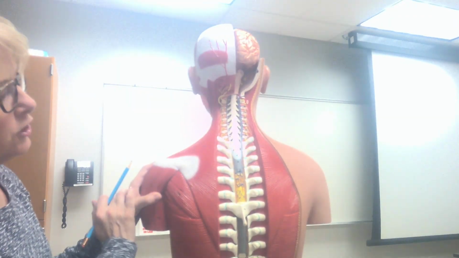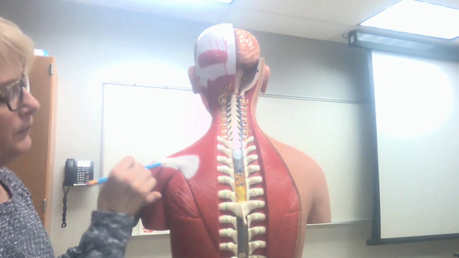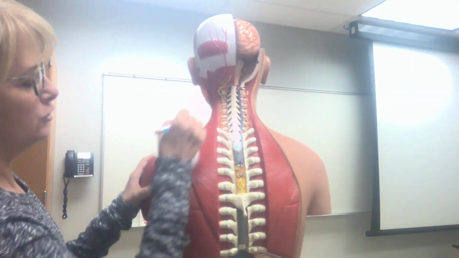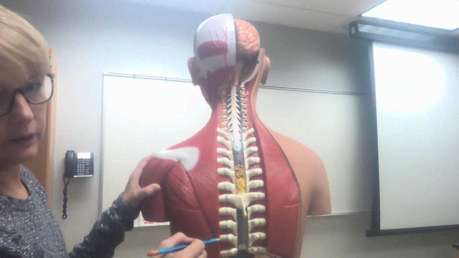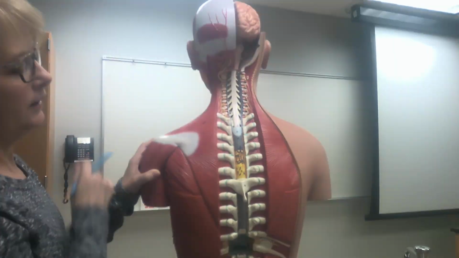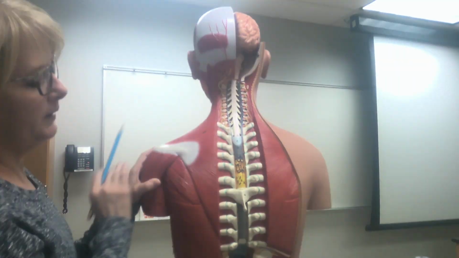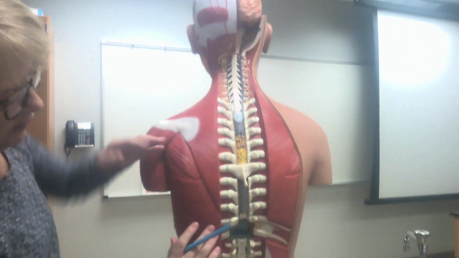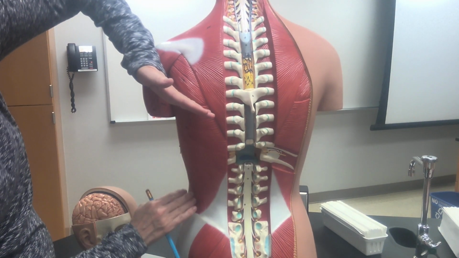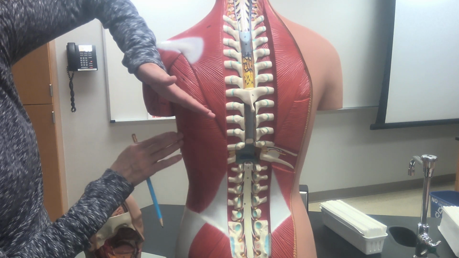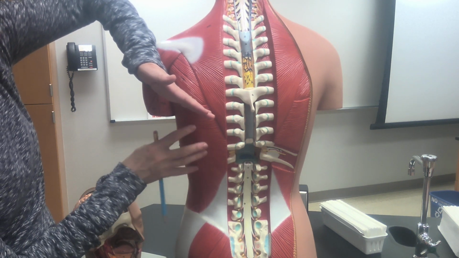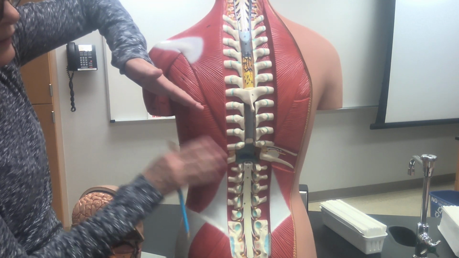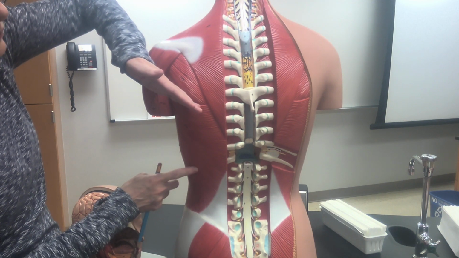It's named based on its shape, because if you follow my pencil, you might imagine that that looks like a trapezoid. So it gets its name from its shape. It's the trapezius muscle. This muscle right here, this large broad muscle that starts right there and ends right here, is the latissimus dorsi. So dorsal, it's on the back of the torso, latissimus dorsi.